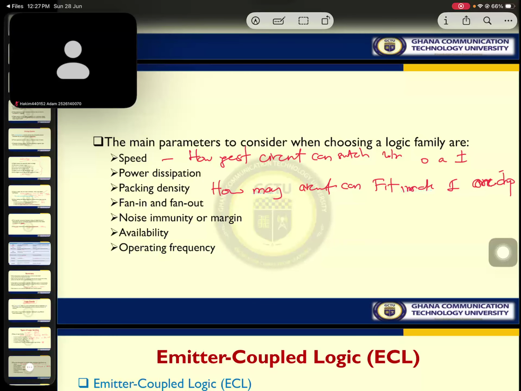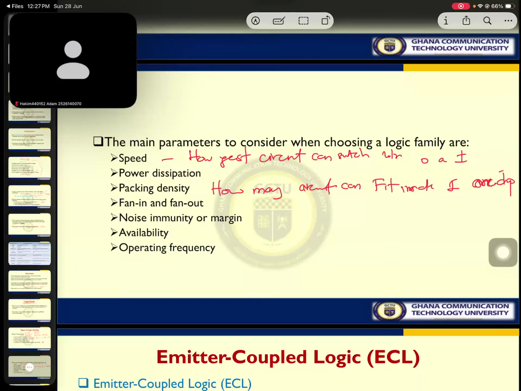The fan out means the number of other gates one output can drive. Then we have the noise immunity. That is the ability of the circuit to resist unwanted electrical disturbance or noise.